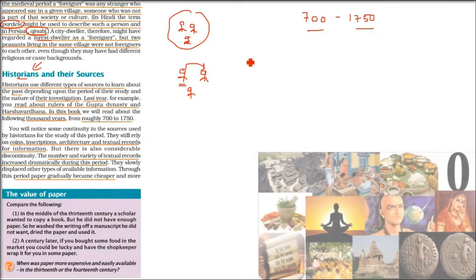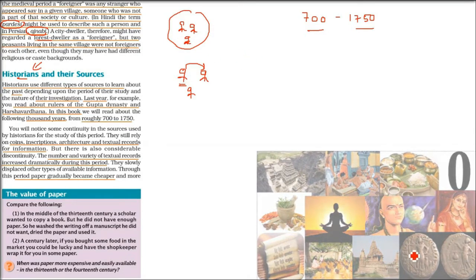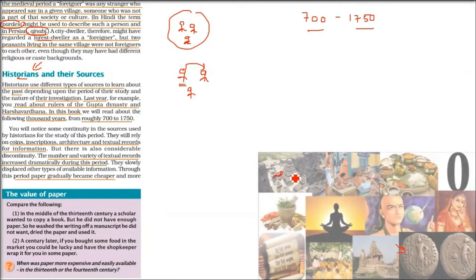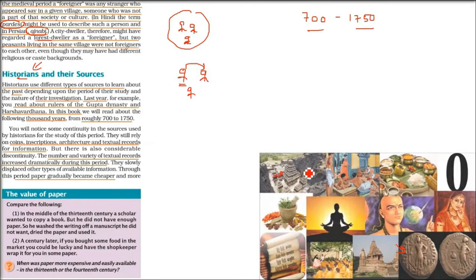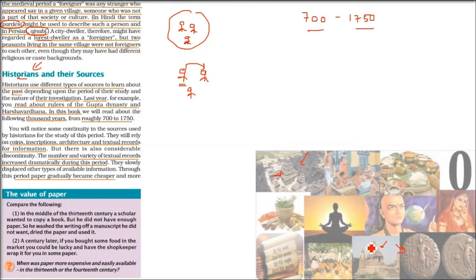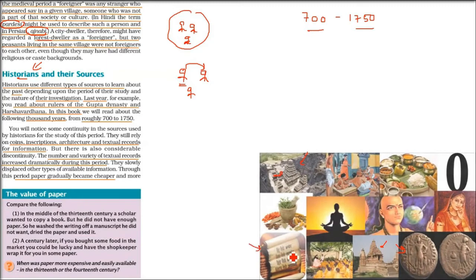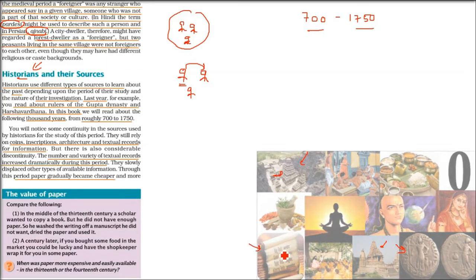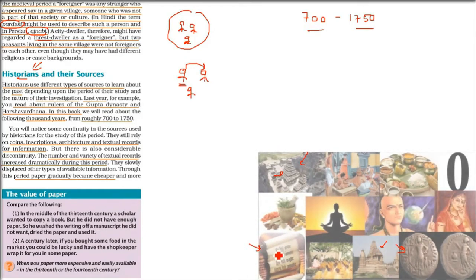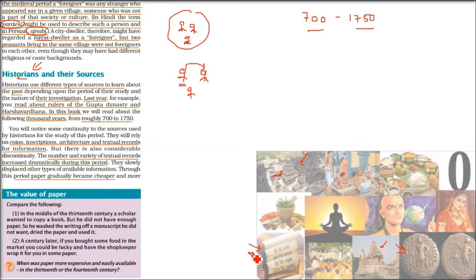So, an investigative agency. Historians earlier, before the 700s, had coins and inscriptions, and they would investigate using various archaeological content: inscriptions, architecture like the Qutub Minar and the Taj Mahal, and textual records, meaning something that has been written, like a manuscript, what someone has written as Harshvardhan's biography, or someone's pilgrim voyage.